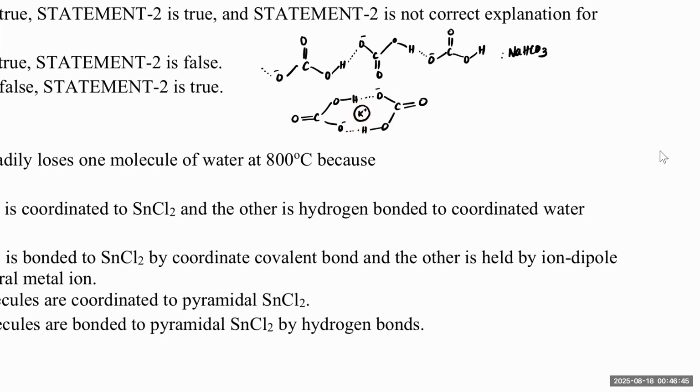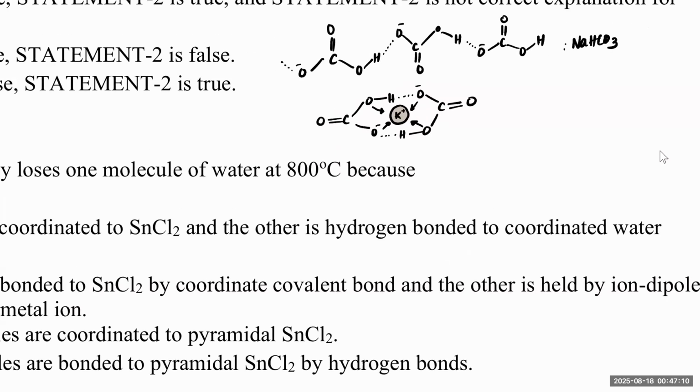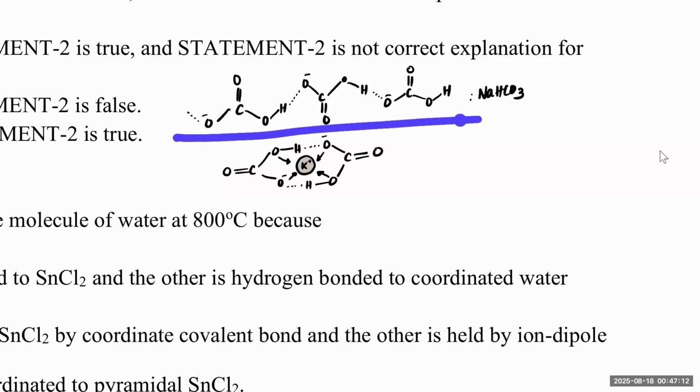While it is present in the center, it can help in making some kind of complex this way. So potassium can form a better complexation with this dimer form, and that will increase stability. This is what is noticed with potassium, cesium, and rubidium as well. But in the sodium case, you will find the bicarbonate is more stretched like this.